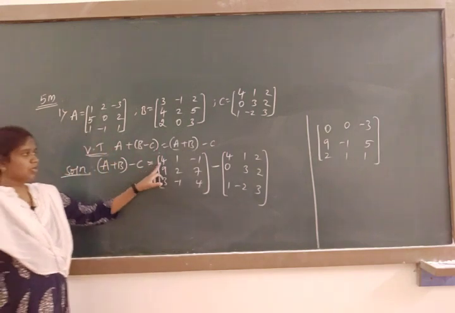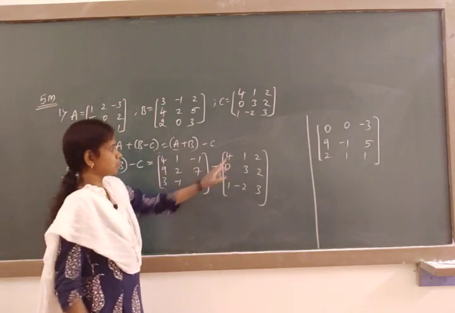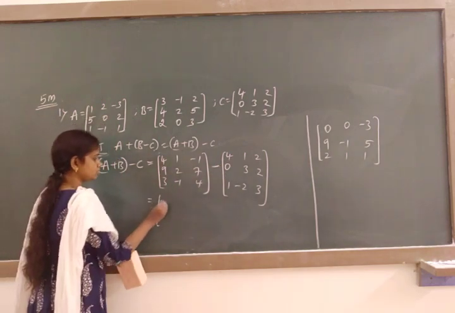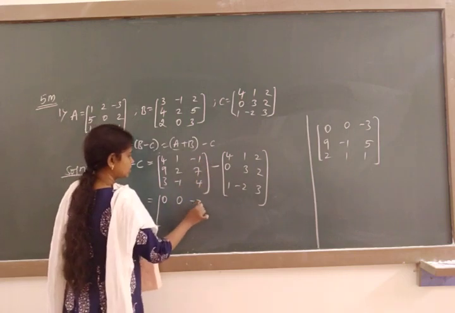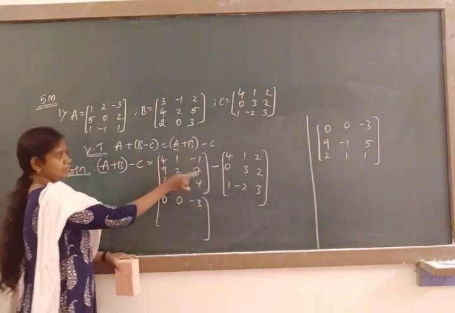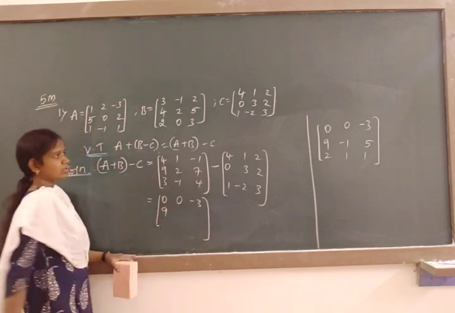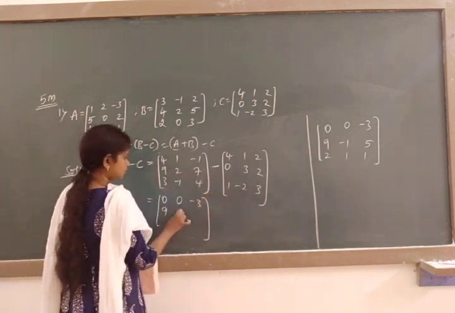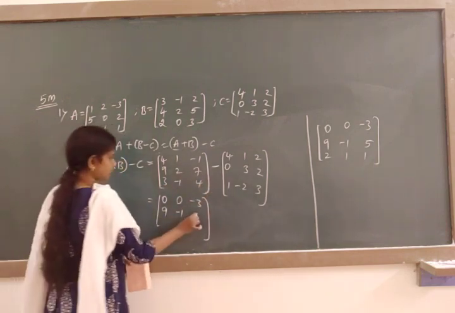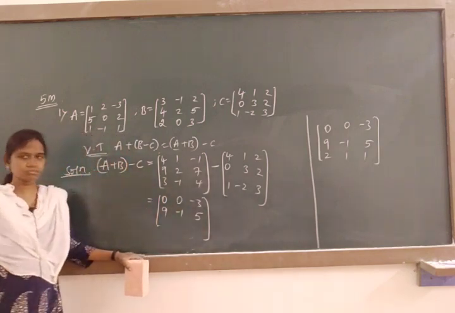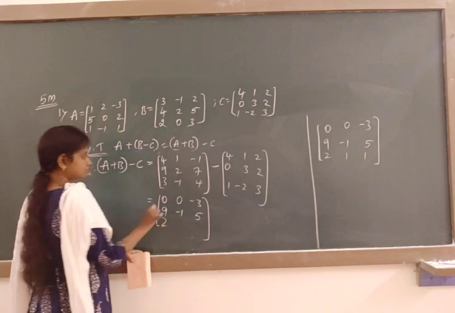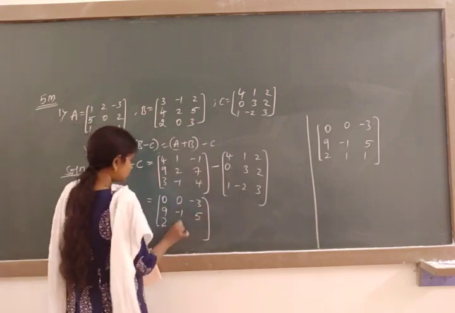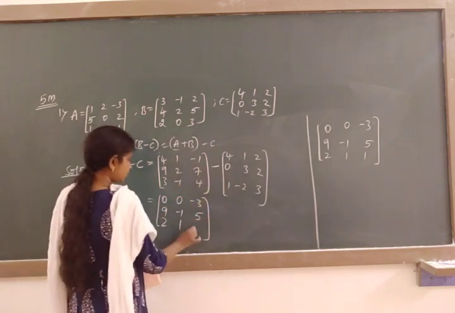Now corresponding elements are subtracted. 4 minus 4 is 0, 1 minus 1 is 0, minus 1 minus 2 is minus 3, 9 minus 0 is 9. This is 2 minus 3 is minus 1, 7 minus 2 is 5, 3 minus 1 is 2, minus 1 plus 2 is 1, 4 minus 3 is 1.